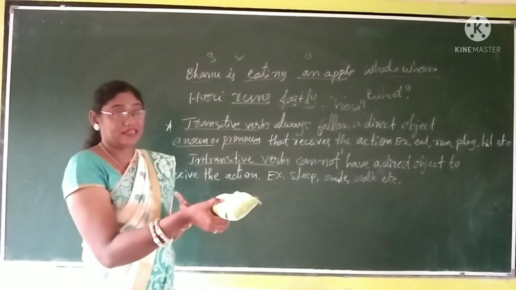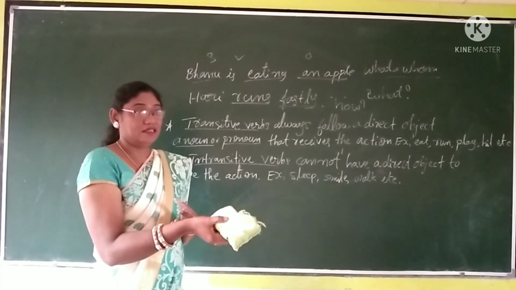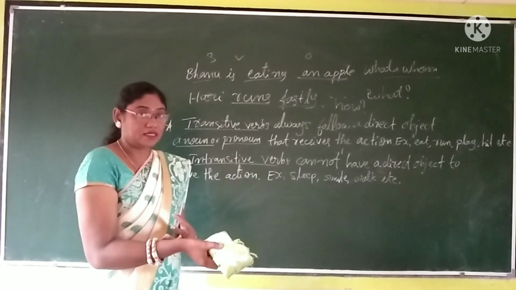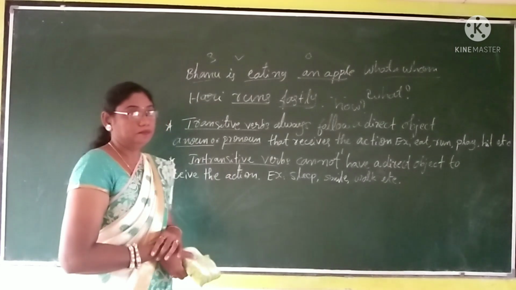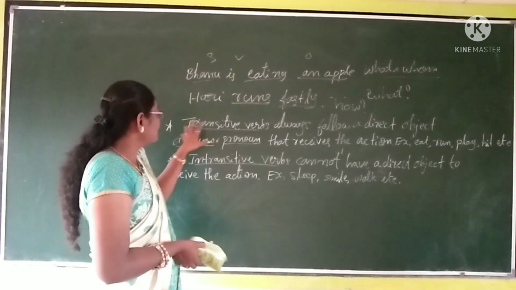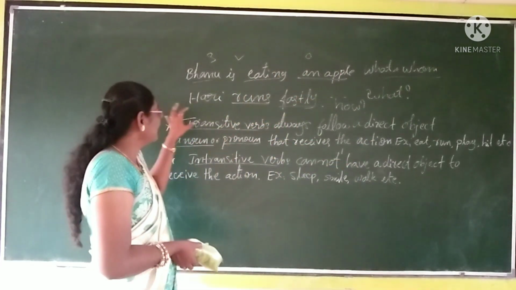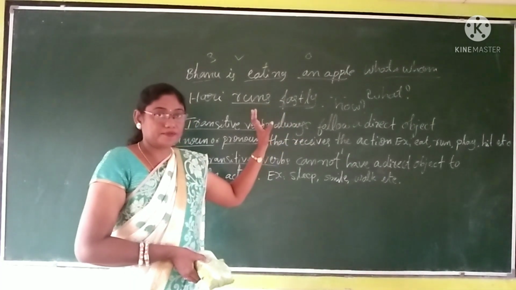There I mentioned a direct object, his brother, isn't it? So that is considered the direct object, and that is called a transitive verb. Very simple. Transitive verbs contain a direct object. Intransitive verbs cannot have direct objects.